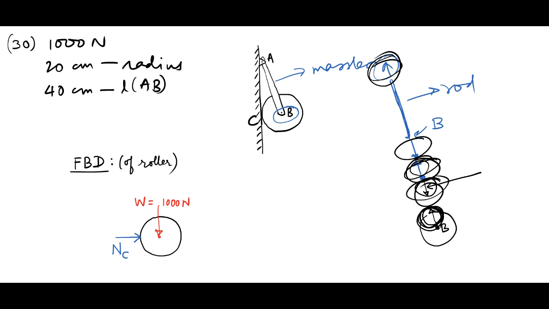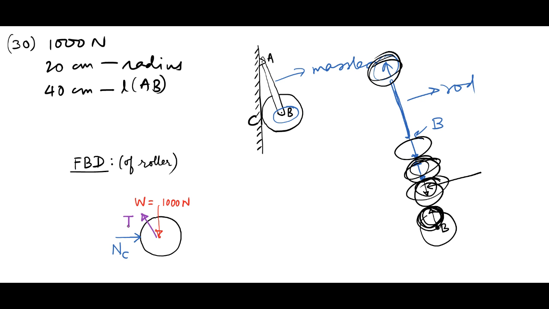It's going to be directed along the length of the rod, so it will be in this direction, and it of course has to be equal to the tension in the rod too.